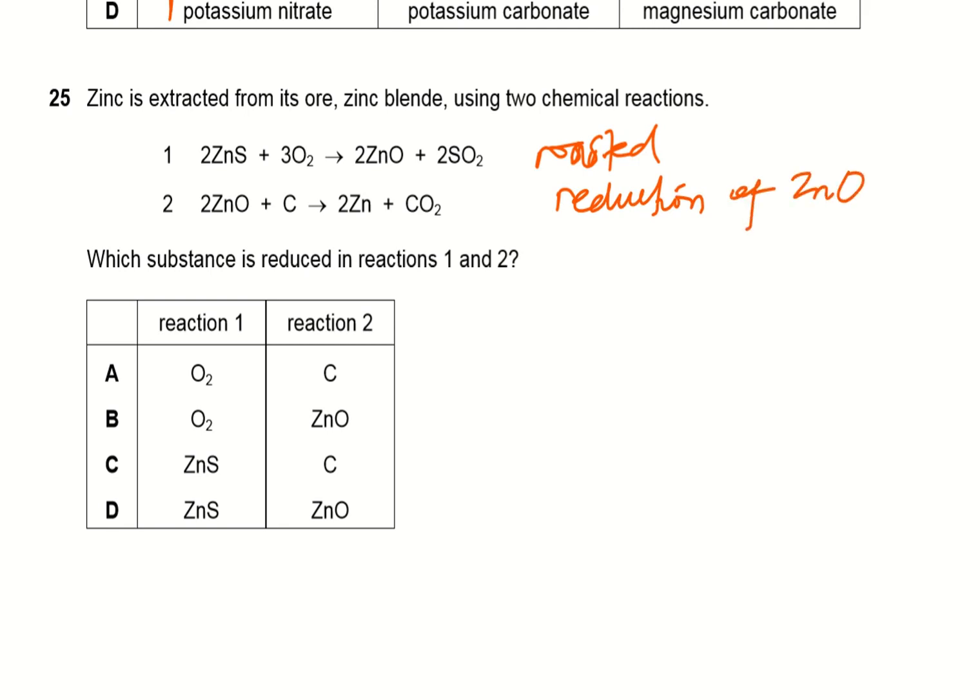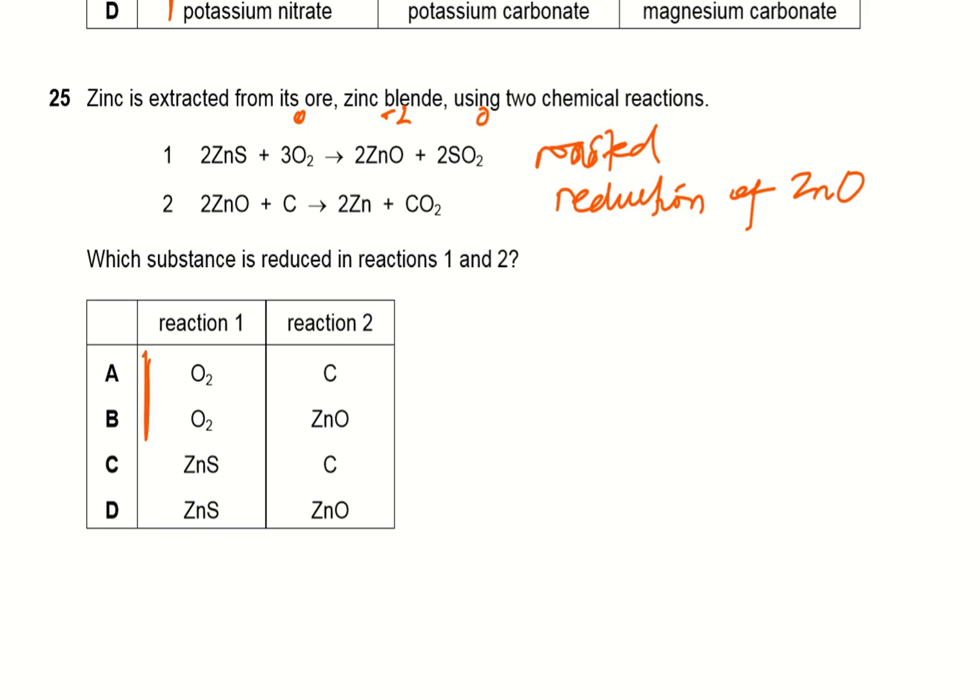Which substance is reduced? Here we have zinc sulfide reacting with oxygen. So oxygen is being reduced here because the oxidation number of oxygen is 0 here, but here it is -2. Oxygen is moving from 0 to -2. That is reduction. So oxygen is being reduced.